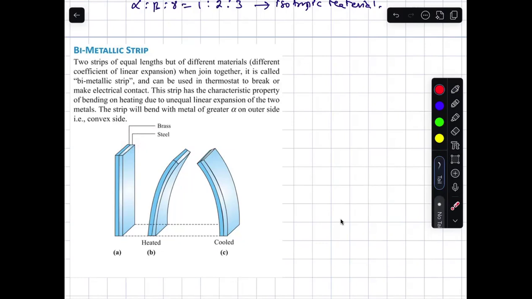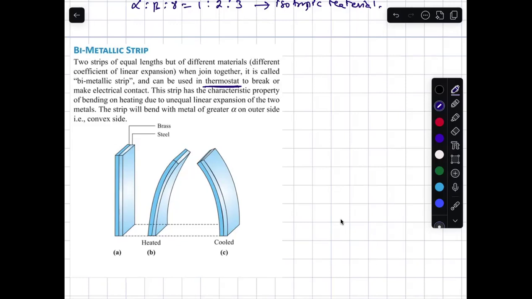The name itself reflects what it wants to express, and it can be used in a thermostat. The functioning device is called a thermostat, to break or make electrical contact. When a certain temperature is reached, you don't want to heat further.